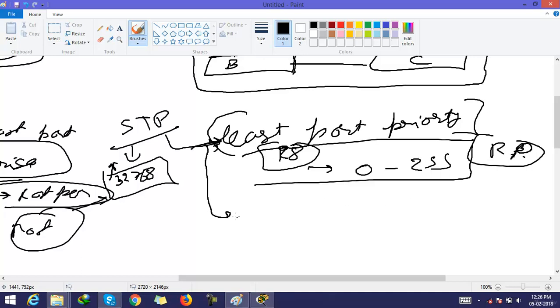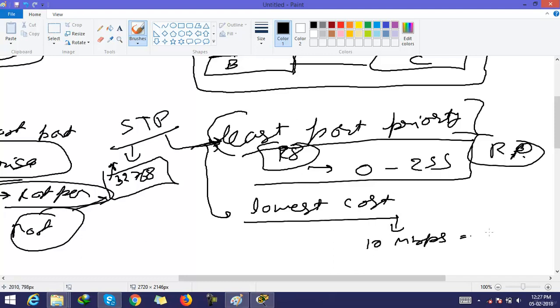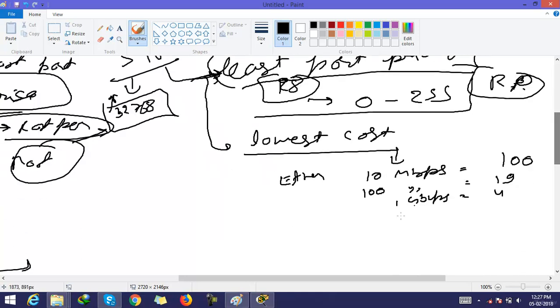But if all ports have equal priority, then the decision comes to the lowest cost. As we already discussed, if the link is 10 Mbps, then the cost is 100. If the link is 100 Mbps, that is Fast Ethernet, then the cost is 19. If the link is 1 Gbps, the cost is 4, and if the link is 10 Gbps, then the cost is 2.